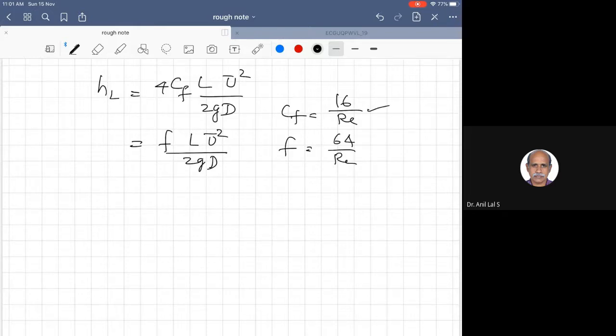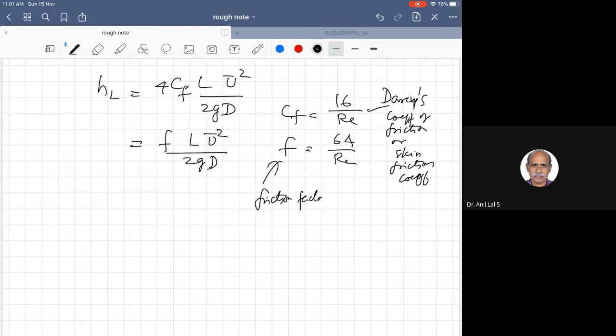This is called the Darcy's coefficient of friction or skin friction coefficient, and this is called the friction factor. So this ends this lecture.